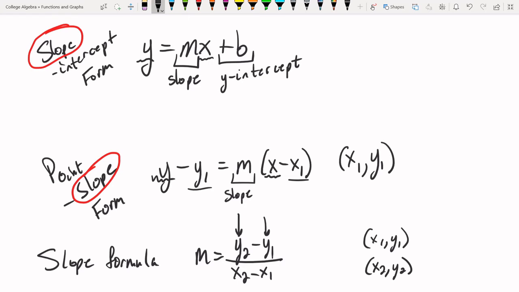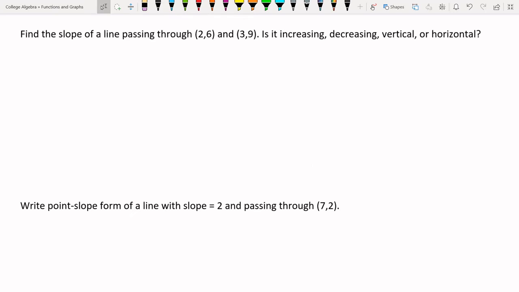All right, let's do some problems with these things. Find the slope of a line passing through (2, 6) and (3, 9). Is it increasing, decreasing, vertical, or horizontal? So first off, we need to figure out what the slope is. There are two ways of course you can do this. You can do this algebraically using the formula I just showed you, or you can do this graphically.